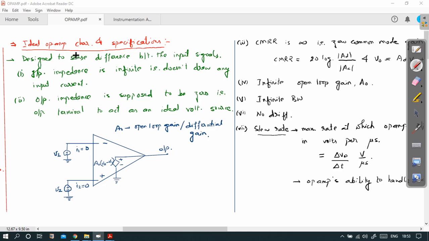Then let us see some of the characteristics of an ideal op-amp, because the practical op-amps available in the form of ICs have characteristics close to the ideal op-amp.